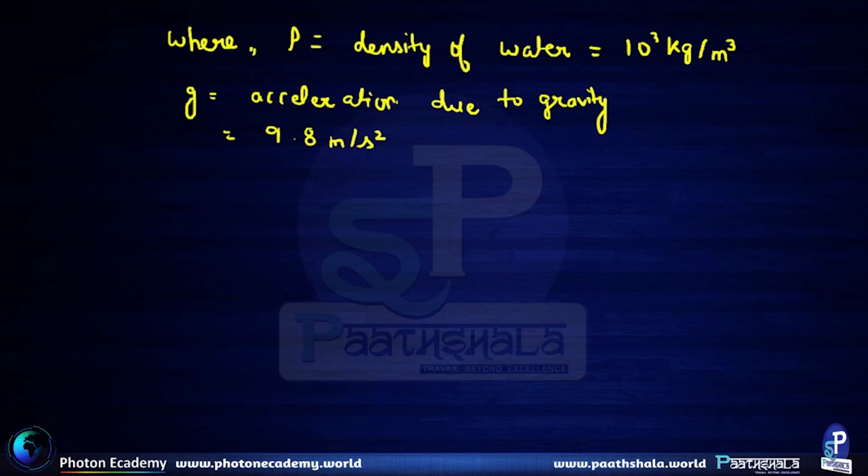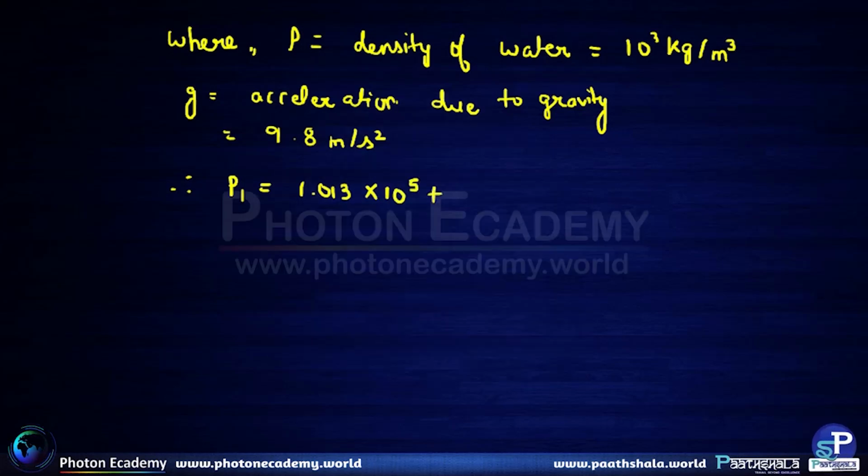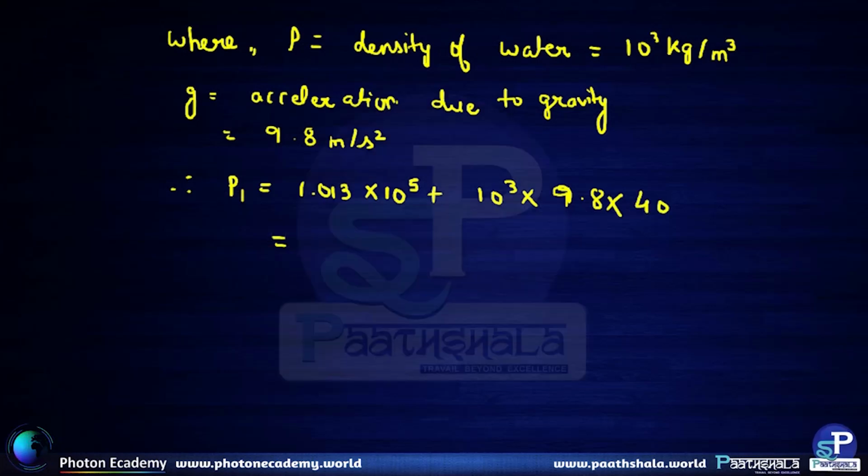Therefore the value of P1 will be equal to 1 atm, which is 1.013 × 10^5, plus rho, 10^3, times g, 9.8, times depth, 40. After calculating this, the value is equal to 493,300 Pascal. 1 Pascal is equal to Newton per meter square.